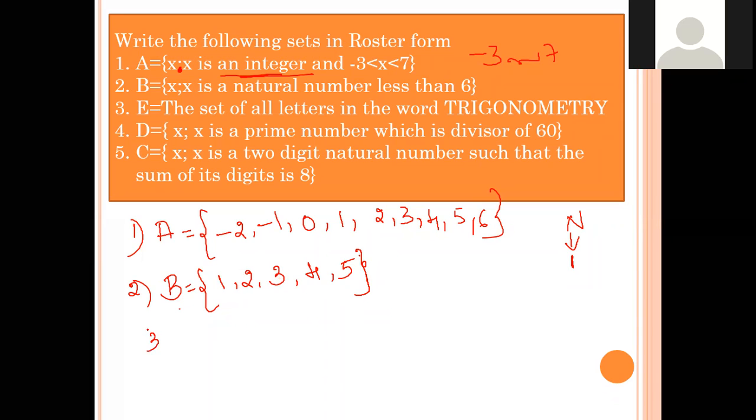If you go for the third one, the set of all letters in the word trigonometry, the set is represented by E. Remember, when you write inside the bracket, you should not repeat the elements.